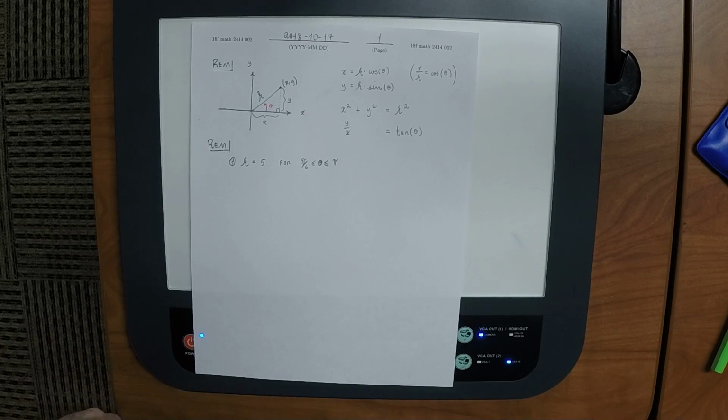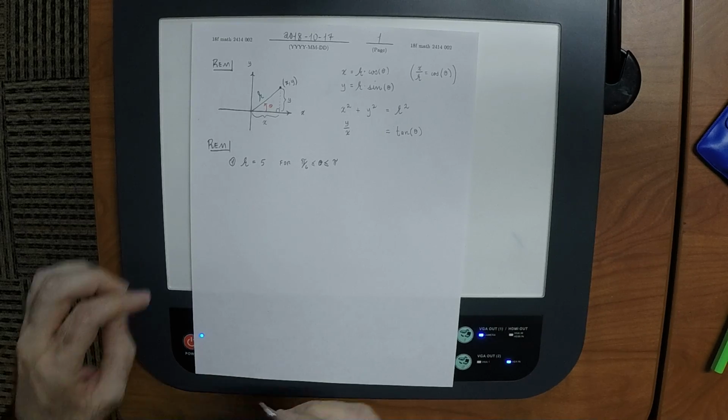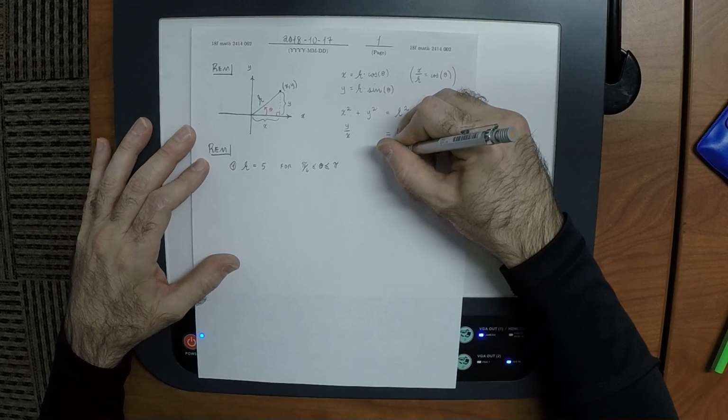Right, it'll just be an arc, not the whole area. Sector meaning being interpreted as area. So this one would look like this.